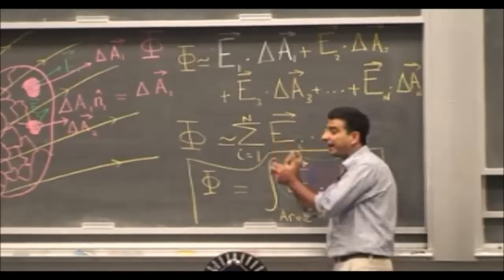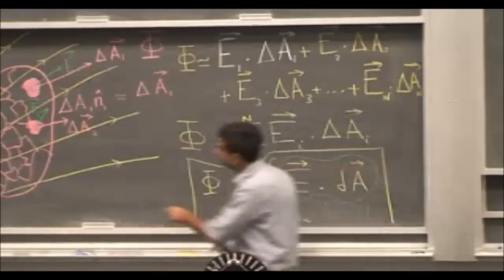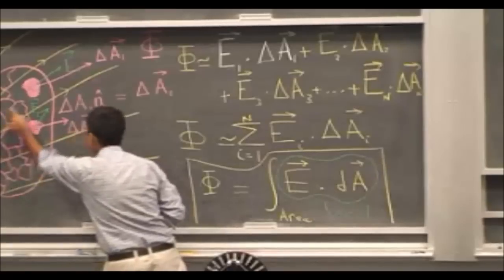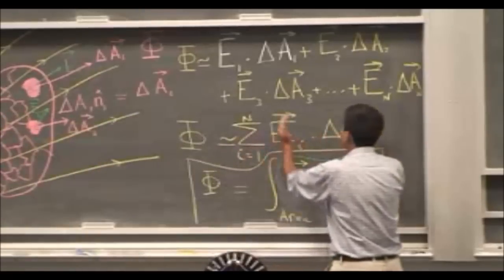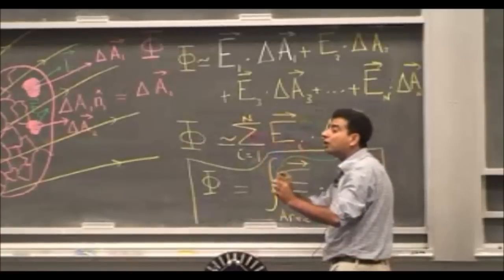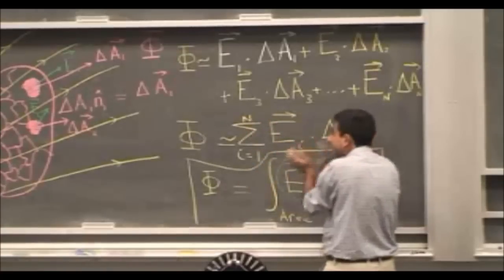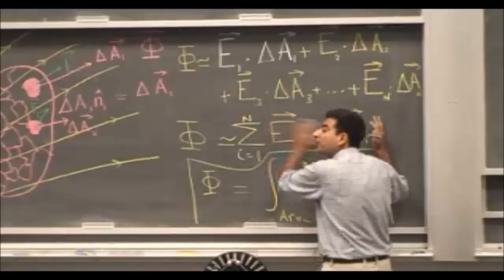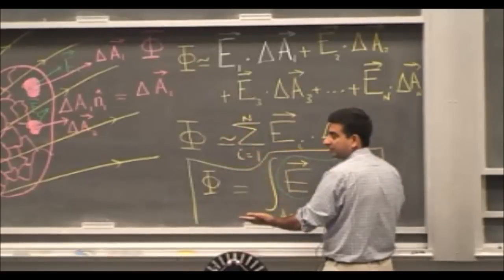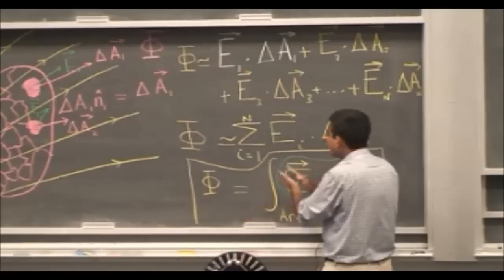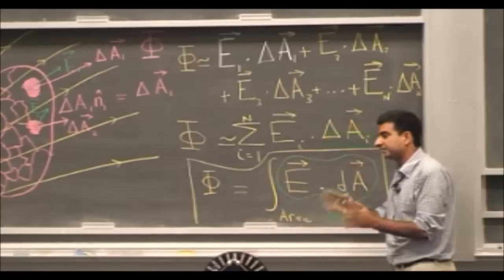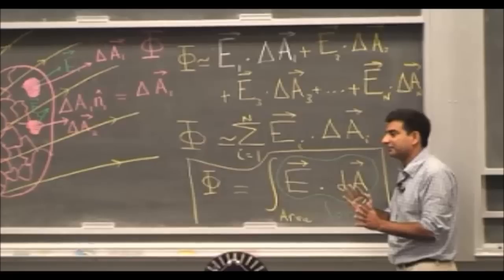This subscript i tells you that the field is different on this patch, it's different here, it's different here, it's different here. So I just focus on one patch. I take the dot product of the electric field on that patch with the area of that patch and sum up over all the patches. So I'm taking into account the variation of the electric field. I'm not assuming the electric field to be constant. Does that answer your question? It's very important to understand this. Alright.